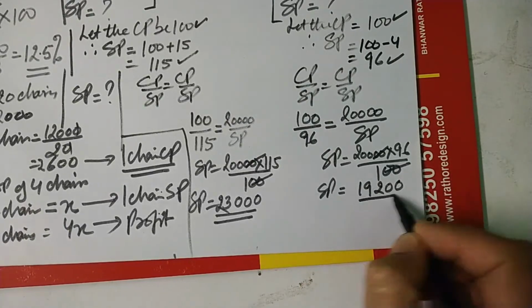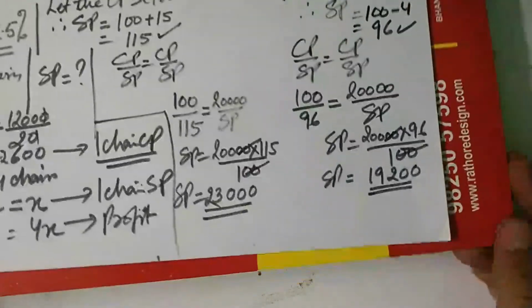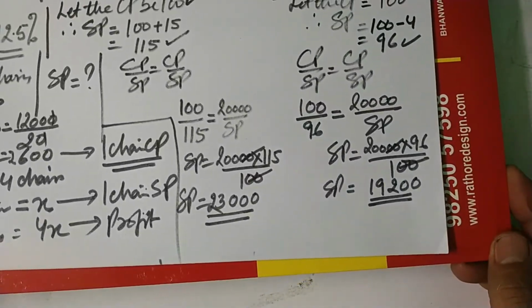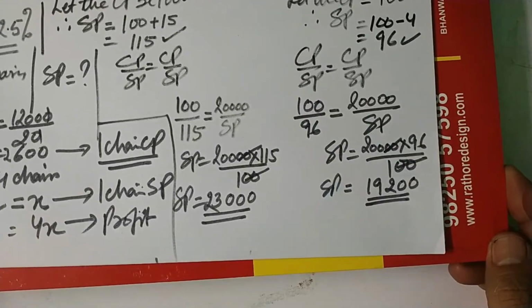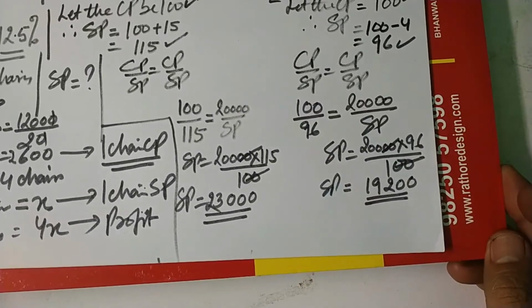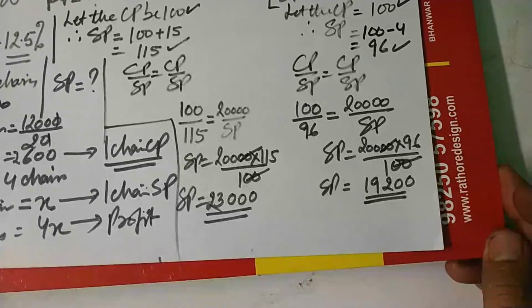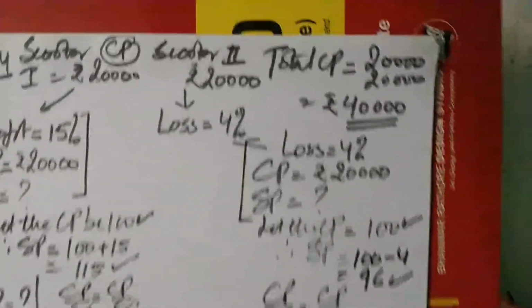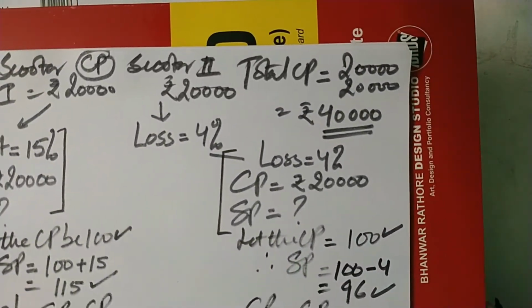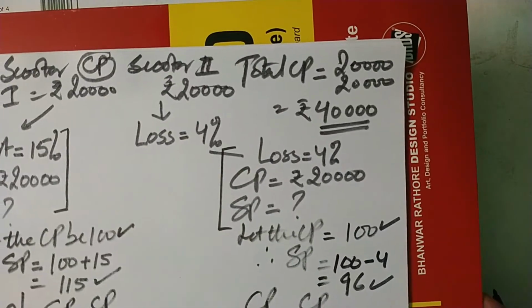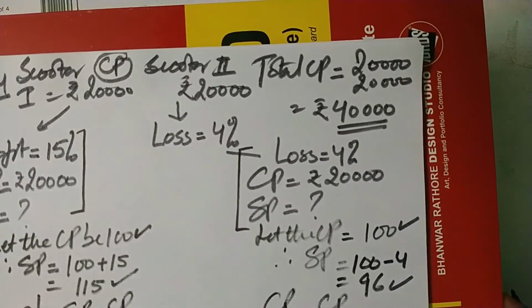So the two scooters' selling prices we have got. First scooter is sold for 23,000, second scooter is sold for 19,200, and the cost price of the two scooters was 40,000. Scooter 1 and scooter 2 was 20,000 each.